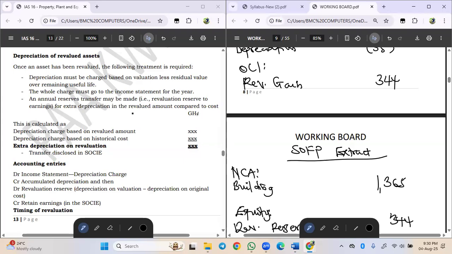Because if the depreciation charge was, let's say, 70, and now the depreciation charge is 50, this 70 will reduce our profit. Let's say the income is 100, depreciation is 70, you are getting 30 as profit. In the other case, income is 100, depreciation is 50, and our profit is 50.